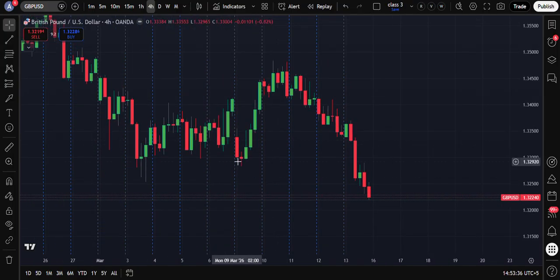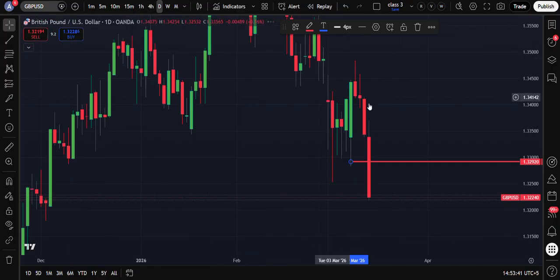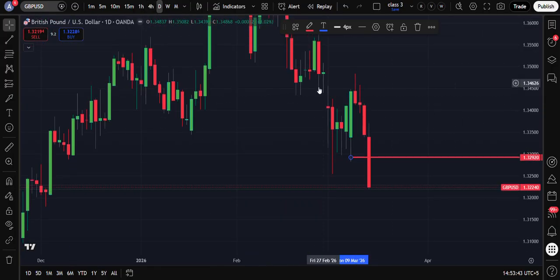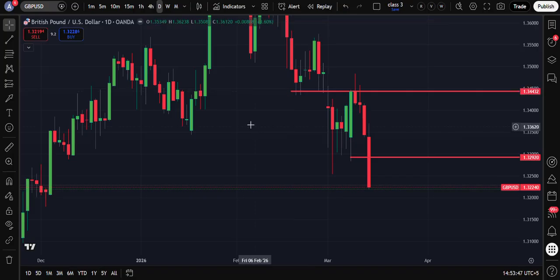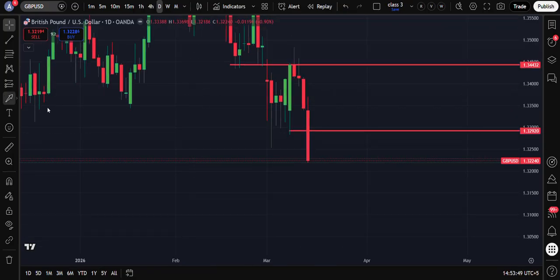So guys, according to my analysis, I've already picked a level on the 4H. On the 4H, as long as the price stays below 1.32920, we are bearish.